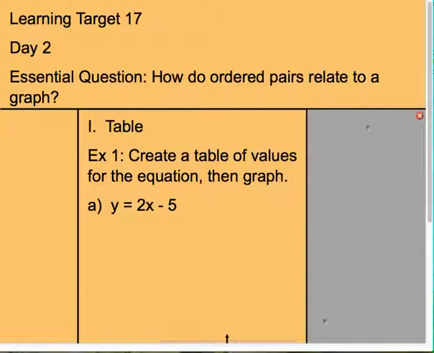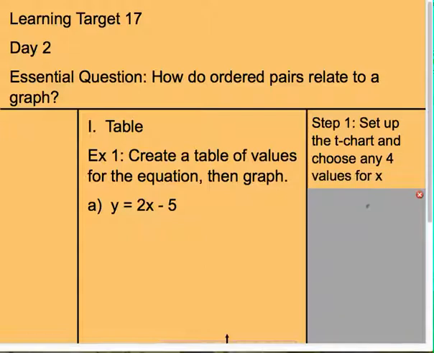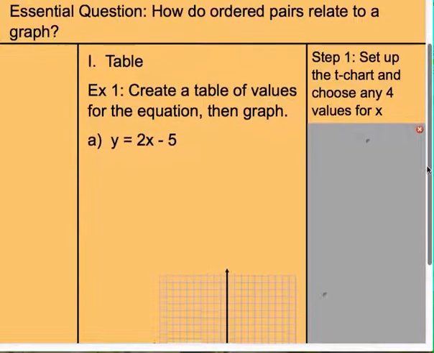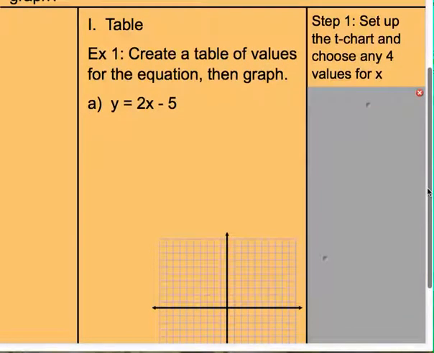First, we're going to take a look at graphing using a table of values. So our first step is to set up a t-chart and choose any 4 values for x. So a t-chart looks like an xy chart or a table. And looking at my equation, I've got integers. I like to choose 0 because it's easy.